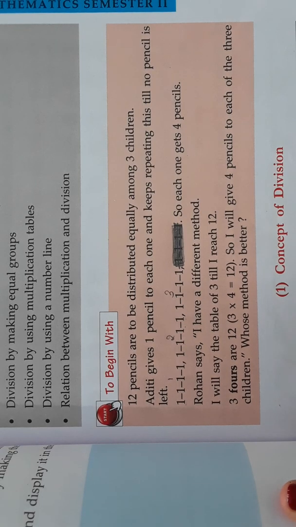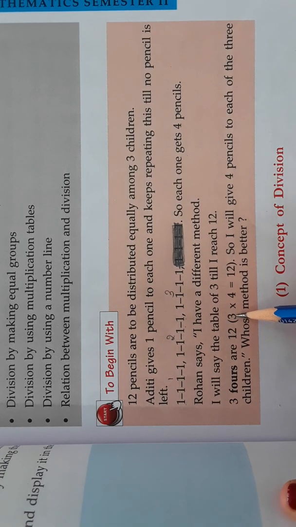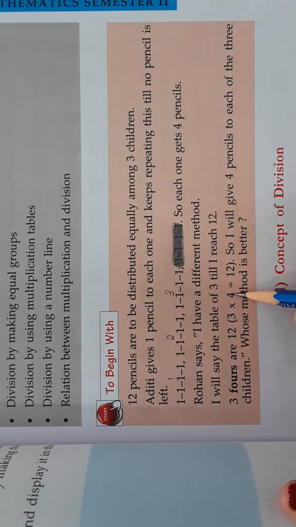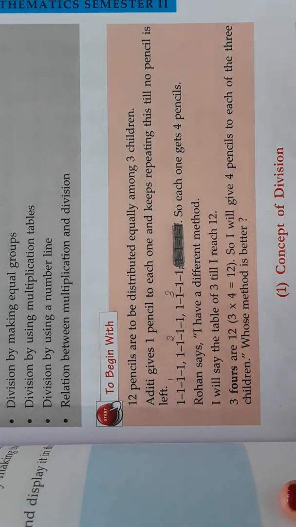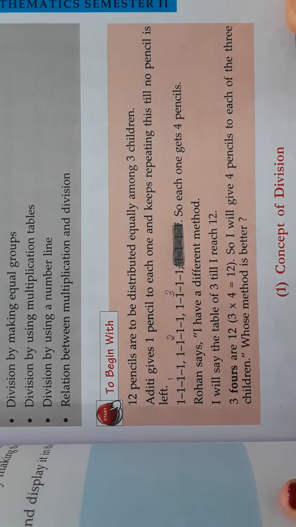He will say the third table: 3 ones are 3, 3 twos are 6, 3 threes are 9, 3 fours are 12. So 3 fours, for 3 friends. If we give 4 pencils to each, that will make 12 pencils. Like that, using the multiplication table, Rohan distributed the 12 pencils equally among Aditi's 3 friends.